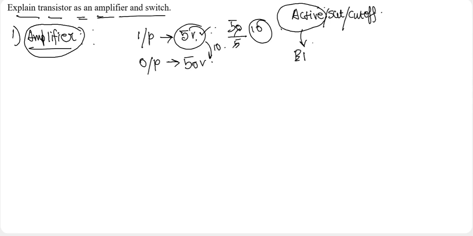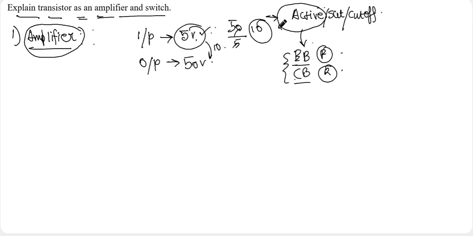The emitter base junction is forward biased and the collector base junction is reverse biased. We need to maintain these two biasing conditions to make sure that our transistor always operates in the active region. When the transistor is operating in the active region, the transistor will act as an amplifier. This was the first step, which was choosing the mode of operation.